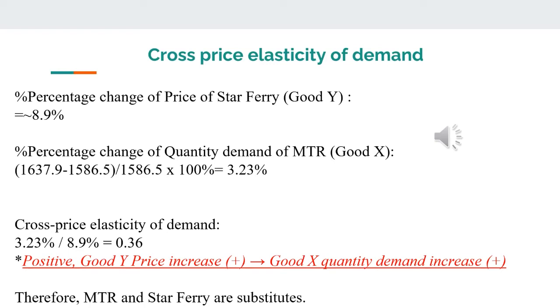So the cross-price elasticity of demand is 0.36. At the same time, we can see that when good Y's price increases, good X's quantity demanded increases as well. So there is a positive relationship between good X and good Y. Therefore, we can sum up that MTR and Star Ferry are substitutes.